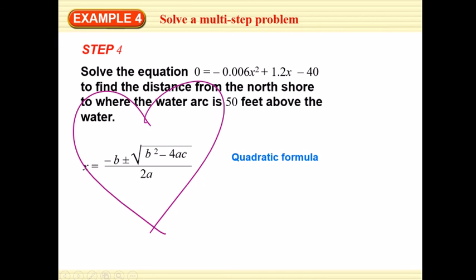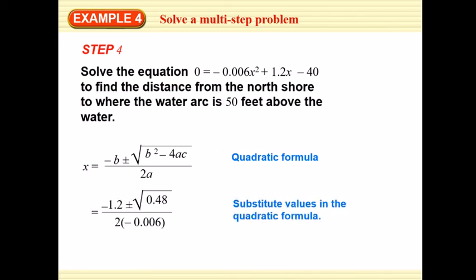The opposite of b plus or minus the square root of b squared minus 4ac all over 2a. Okay, so when I substitute in my a, b, and c values, keep in mind, you already did this work. You already found the discriminant. Don't rewrite all of it if you don't have to.